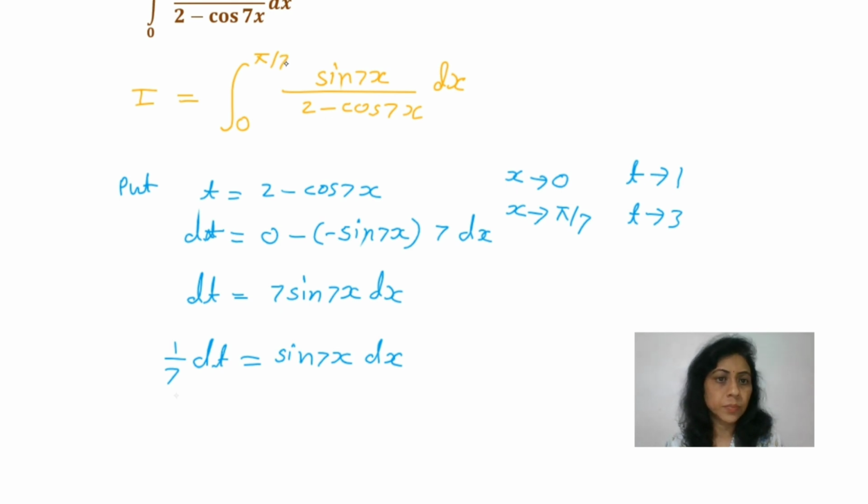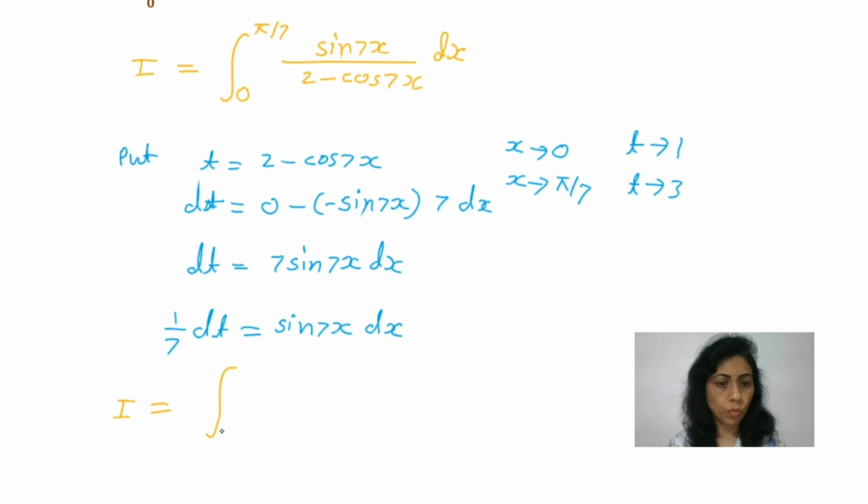Got it? So now the integration will be from 1 to 3, and this value is t, so 1 upon t, and sine 7x dx value is 1 upon 7 dt, so 1 upon 7 right here, and this is dt.